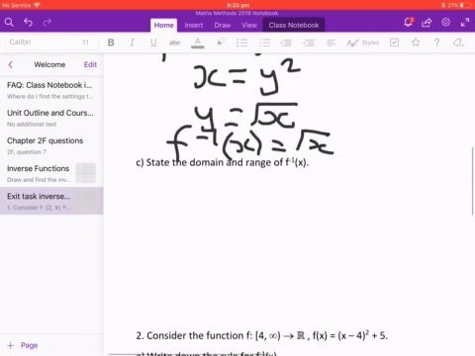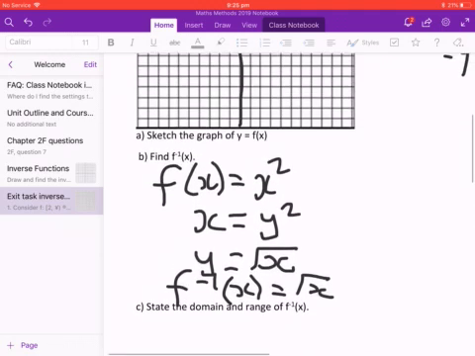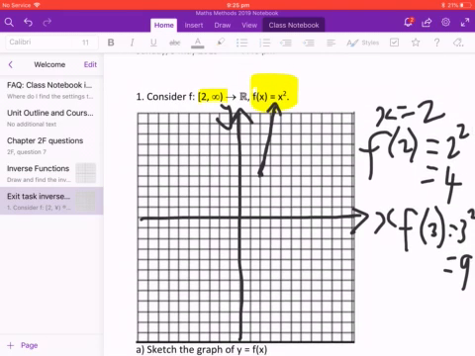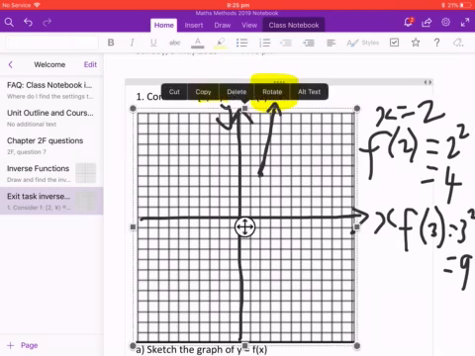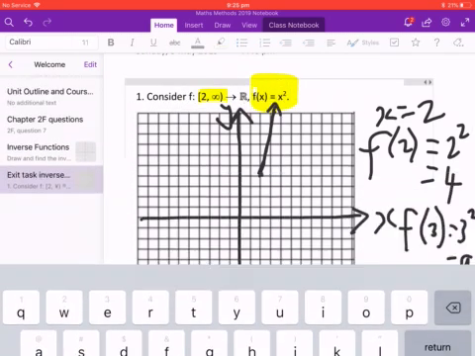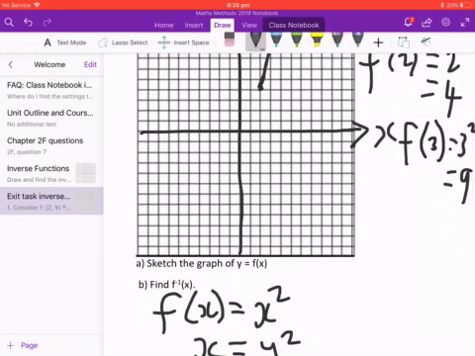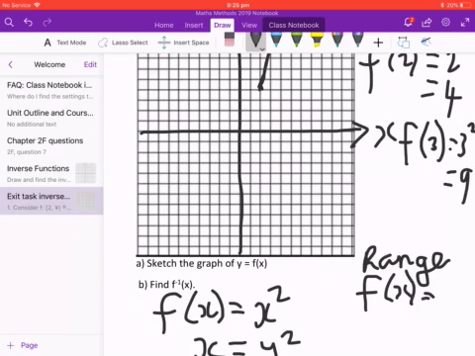Now remembering that our domain and range flip pretty much, my next question to you would be, what is the range of this function? And the range of the function is from 4 to infinity. So I'm just going to write that there. So the range of f of x is equal to, including 4 to infinity.